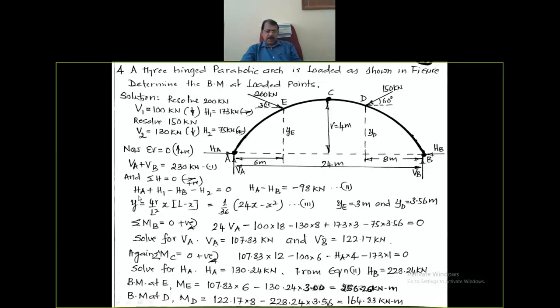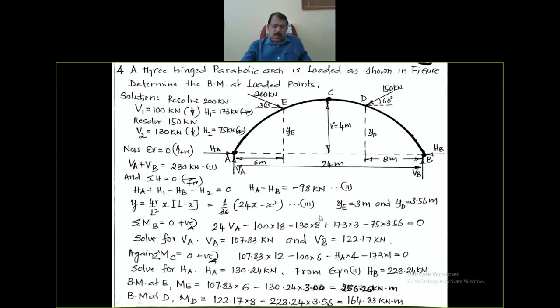Here, HA plus H1, acting from left to right, are positive, minus HB minus H2, acting from right to left, are negative. That should be equated to 0. So that is HA minus HB, and after substituting all the known values, that works out to be minus 98 kilonewton. Call this equation number 2.